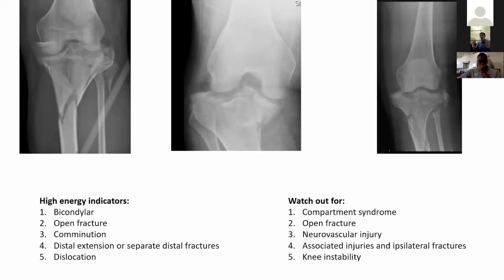The most common combo, and that's another hot topic for conversation, is proximal tibia fractures with plateau extent. So is it a shaft fracture with a plateau or a plateau fracture with a shaft? That's for another time. The importance of recognizing that they're high energy is that you need to rule out associated injuries. So you have to look for compartment syndrome, open fractures, neurovascular injury, ipsilateral fractures and whatnot.